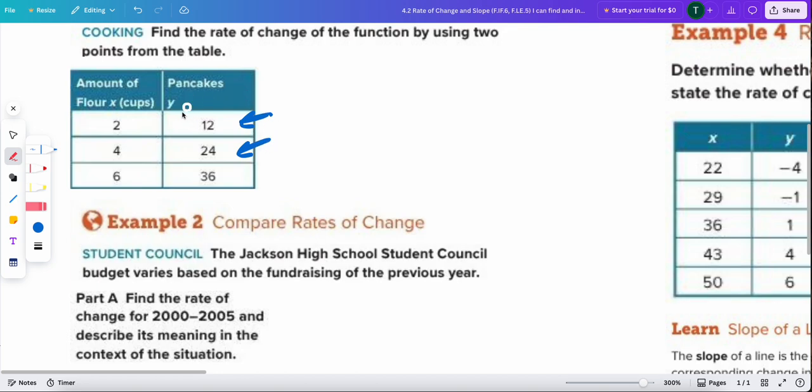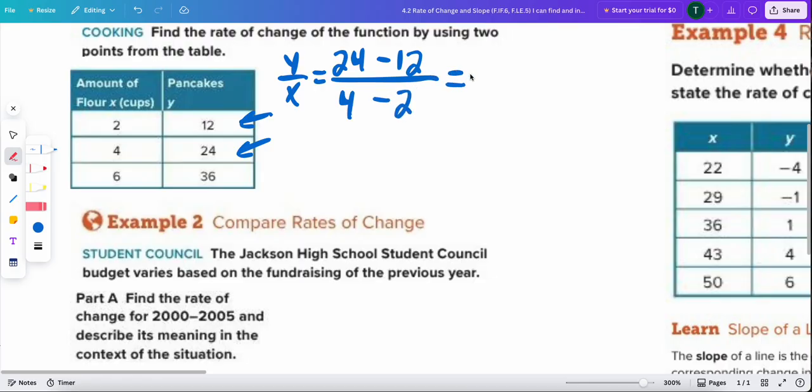So if I put 24 first, because it's y over x, if I put 24 first on top, then I have to put its x first on the bottom, so like 4. So then I would take minus 12, so then I have to take minus 2. So if I do this, 24 minus 12 is 12, 4 minus 2 is 2, and if I divide those, I get 6.